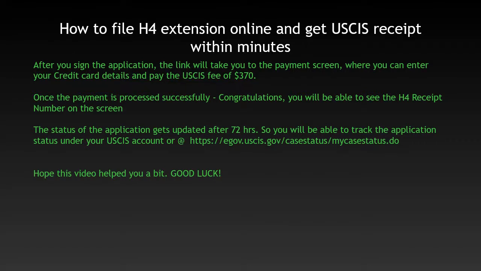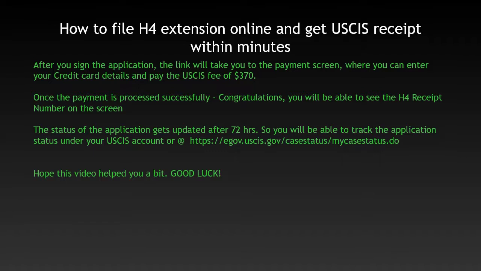After you click on next, the USCIS page will take you to the payment screen, where you can enter your credit card details or bank details and pay the USCIS fee of $370. Nowadays the biometric fee is not applicable, that fee is waived, so you just have to pay $370.